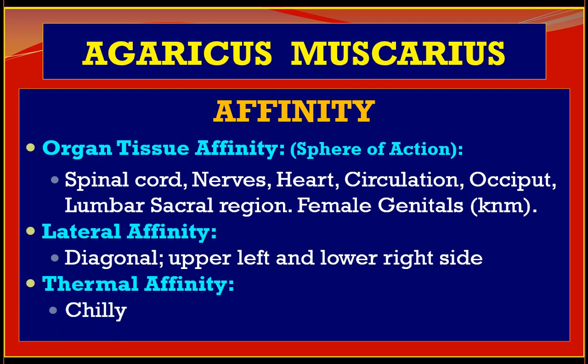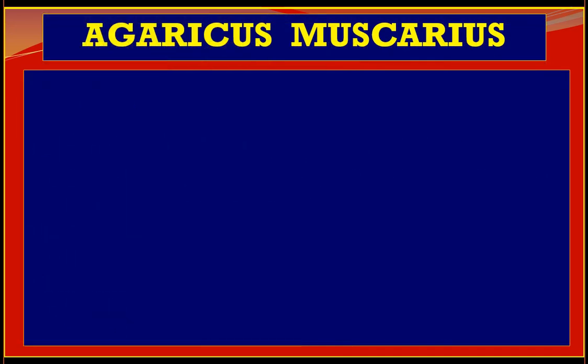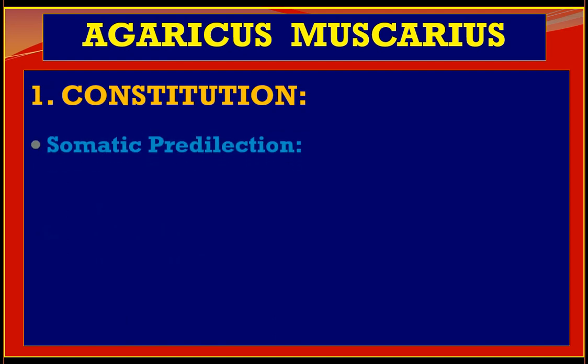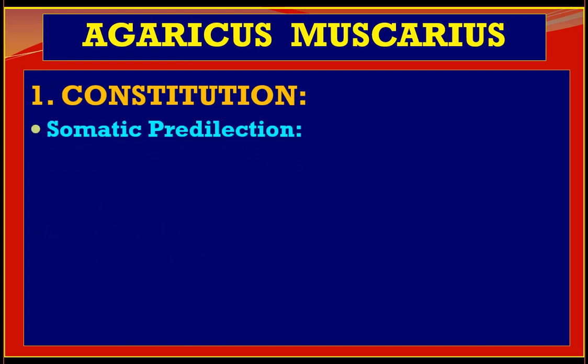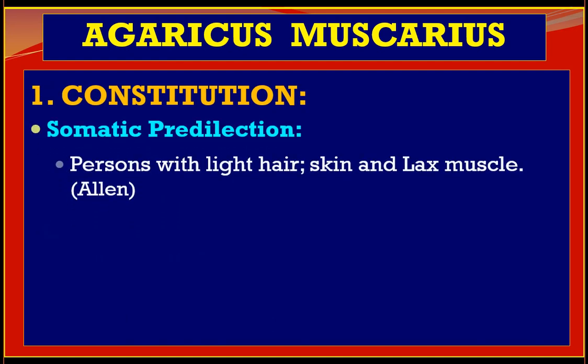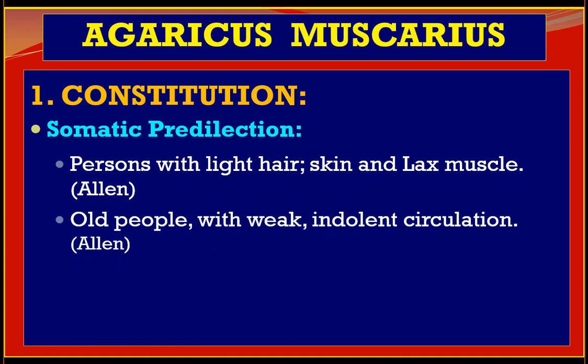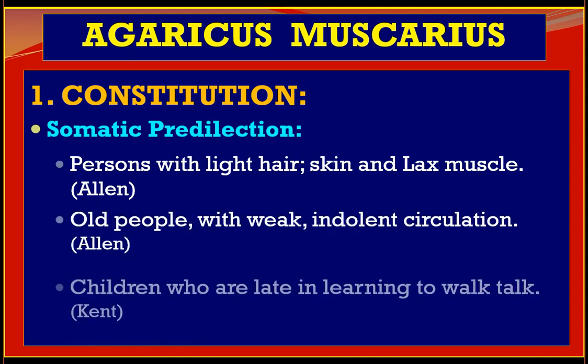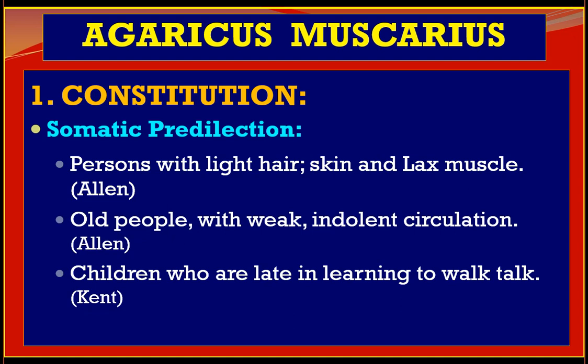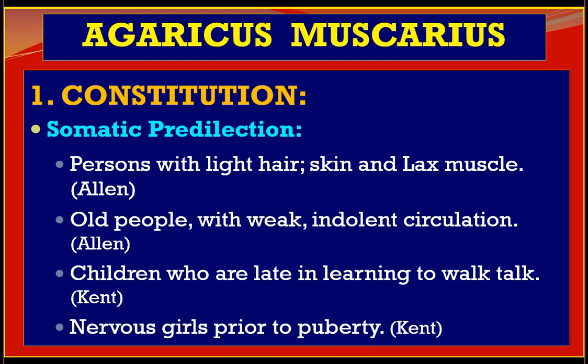Thermal affinity: chilly. In the constitution, the somatic predilection is persons with light hair, skin and lax muscles, old people with weak, indolent circulation, and children who are late in learning to walk and talk. Nervous girls prior to puberty.